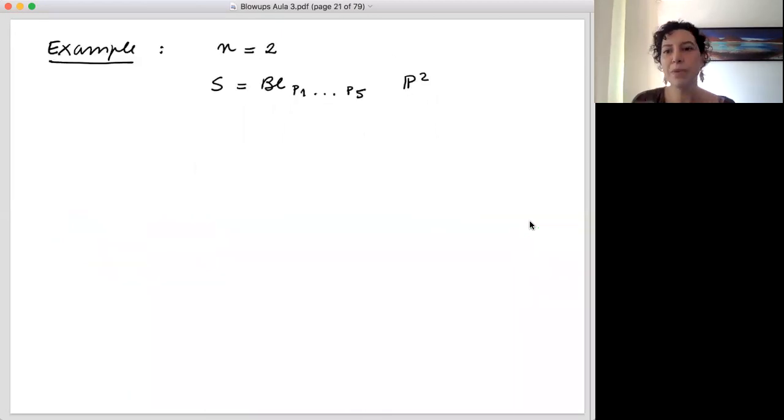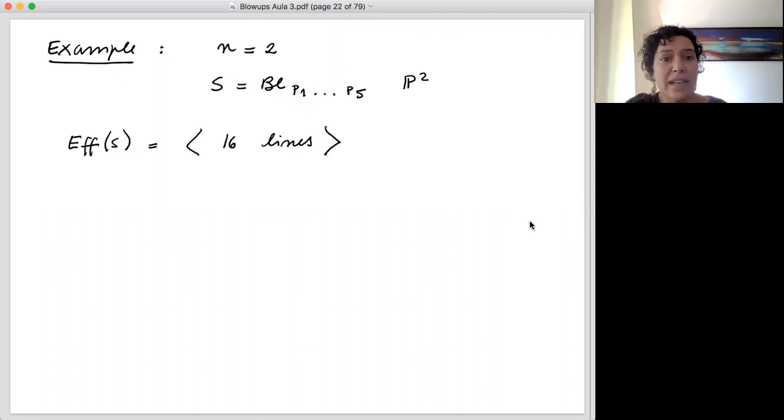Okay, just before, we are looking at the case where n is at least 3, but let me just briefly remark that there's also something meaningful to be said in the case when the dimension is 2. So we are in P2 and we blow up n plus 3 points, in this case 5 points. Let me recall that in this case, S is a del Pezzo surface of degree 4.